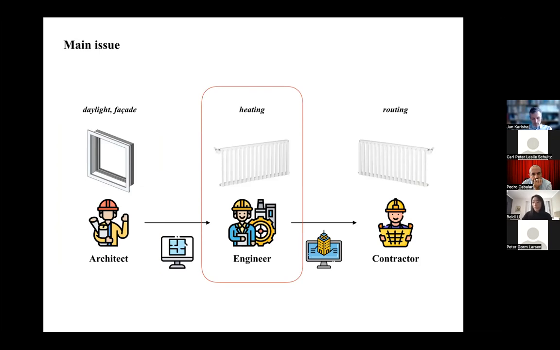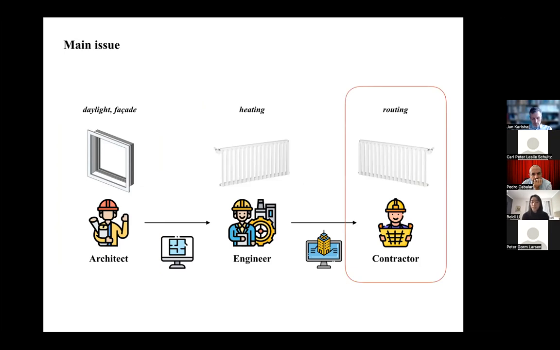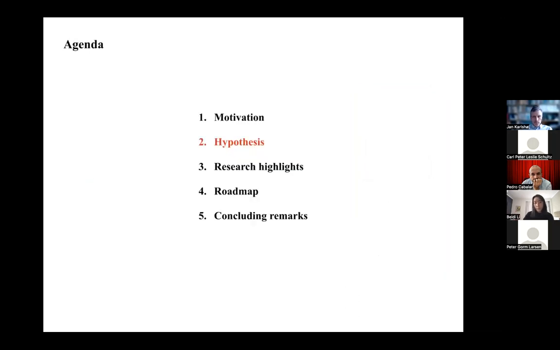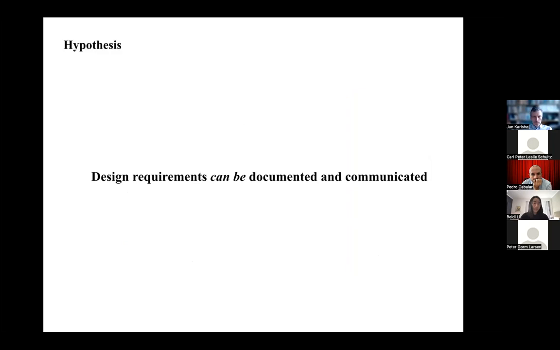And when the design is finally passed down to the contractor, they might reorient the radiator to facilitate routing, for example, which eventually leads to this very trivial design flaw, but nevertheless was undetected during the whole design process.